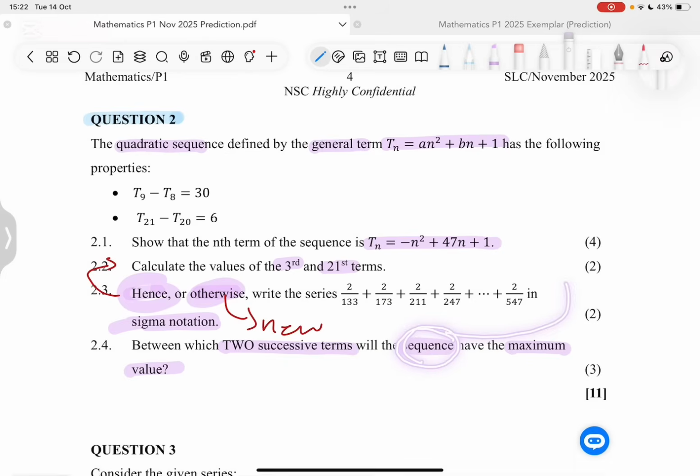In other words, we have to go back to this sequence that we're dealing with. So this question does not relate to 2.3, because 2.3 speaks about a series. So it's very important to know the difference between a series and a sequence. So here we go back to the original sequence and we're looking for the maximum value. So we're looking for 2 terms that will put the maximum value in between them.